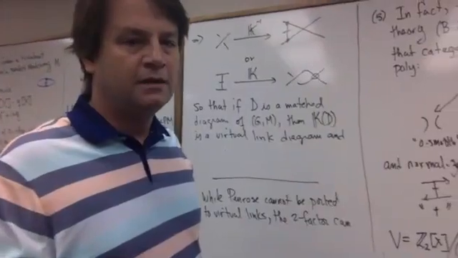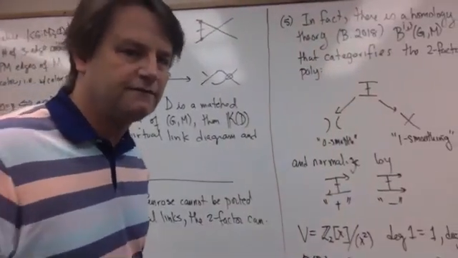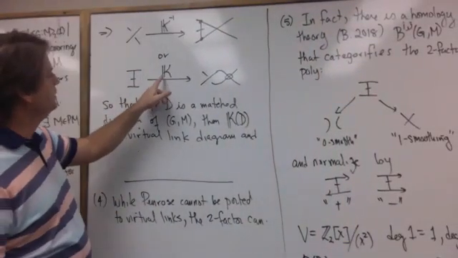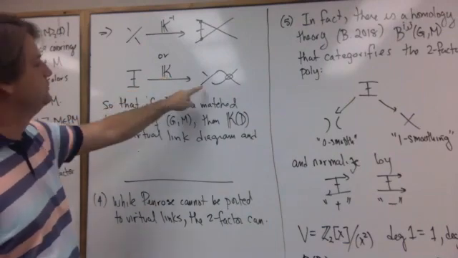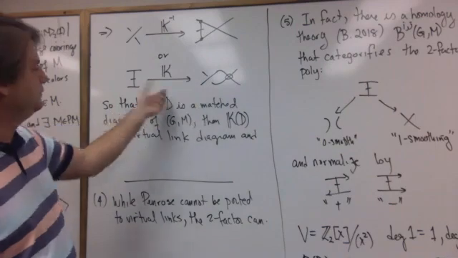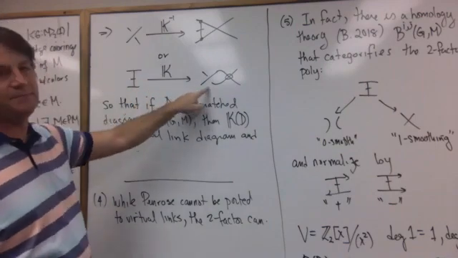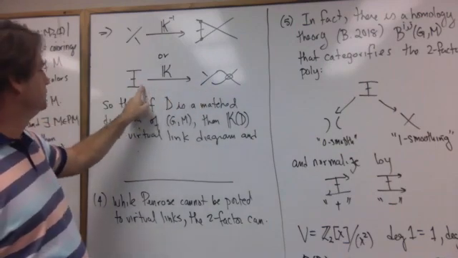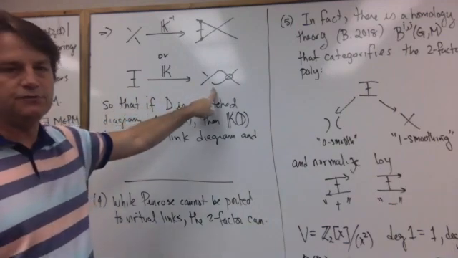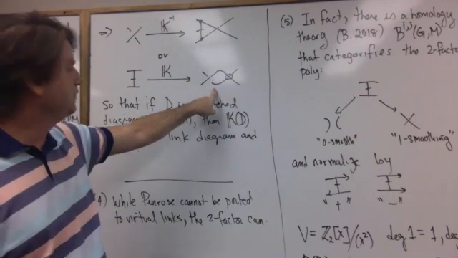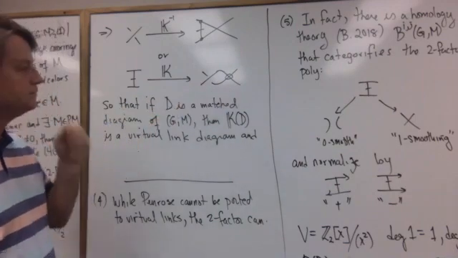Now, if you work out what that looks like, we take our map K going from the graphs to the virtual links. And if you switch this around, you see that this is the map that takes you from a perfect matching edge to a virtual crossing, or crossing followed by a virtual crossing.